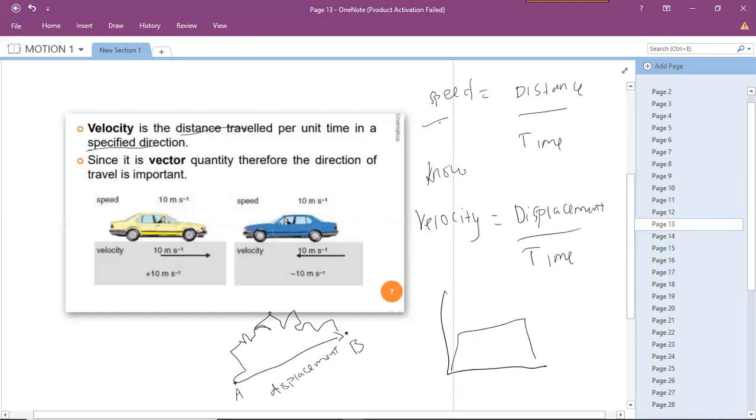Speed is distance moved per unit time; velocity is distance moved per unit time in a specified direction. Because of the specified direction, velocity is a vector. And because of distance, speed is a scalar quantity.